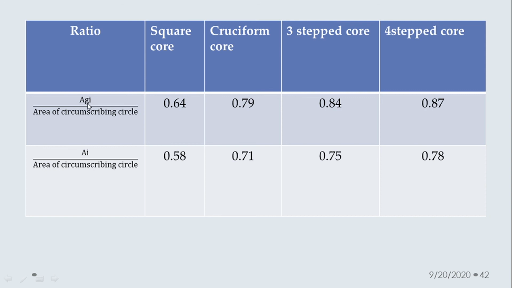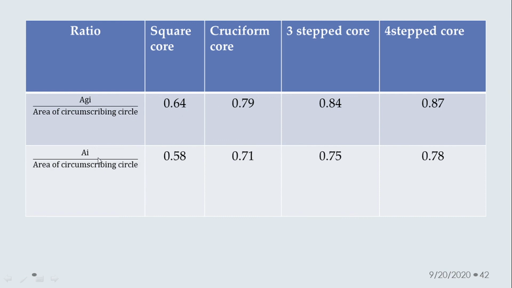See, AGI by area of circumscribing circle, that is gross core area, in the square core we got 0.64. Net core area by area of circumscribing circle we got 0.58. If you increase to two steps, that is cruciform, you will get 0.79. This ratio is 0.79, which means the gross core area is 0.79 times the area of the circumscribing circle. So that ratio is increased.